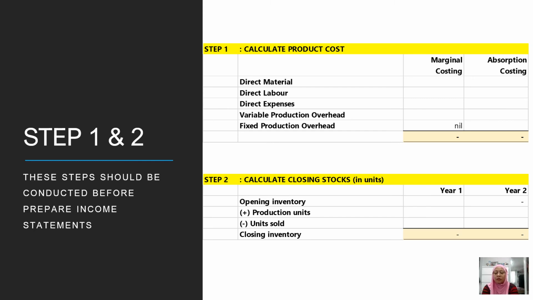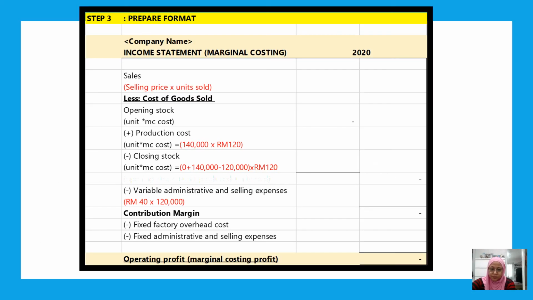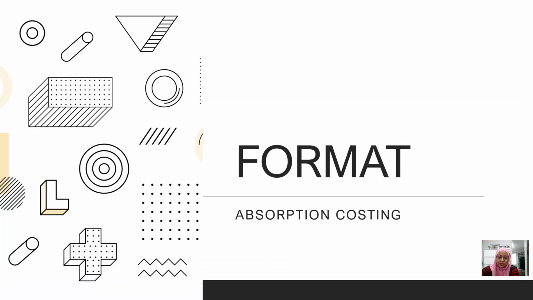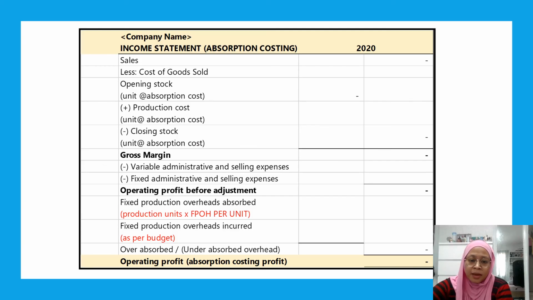And then you make sure you understand the closing stock for year 1 and year 2. So this is the format of marginal costing, and this is the format for absorption costing.